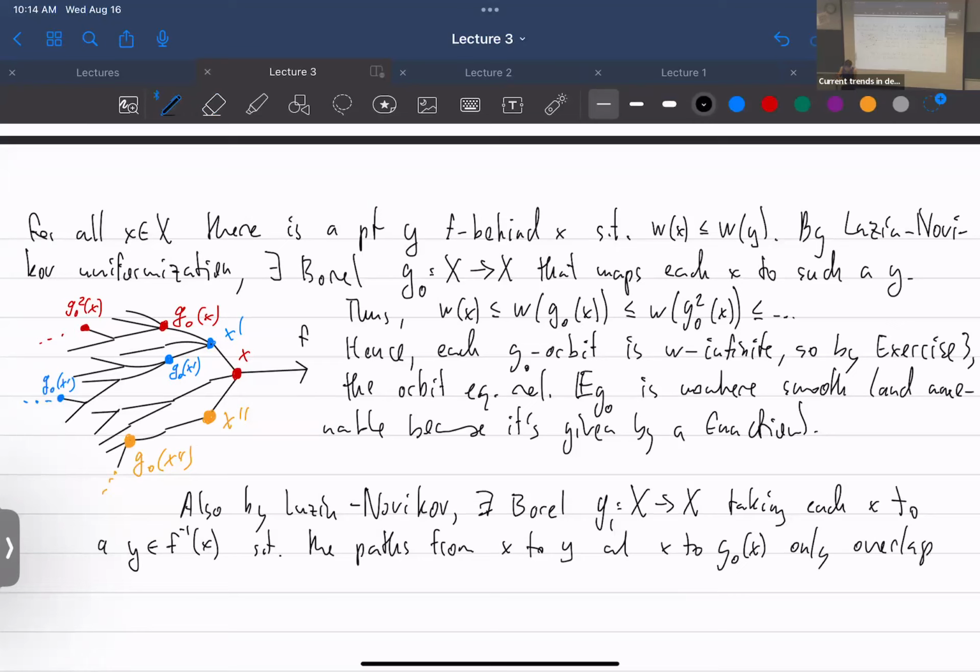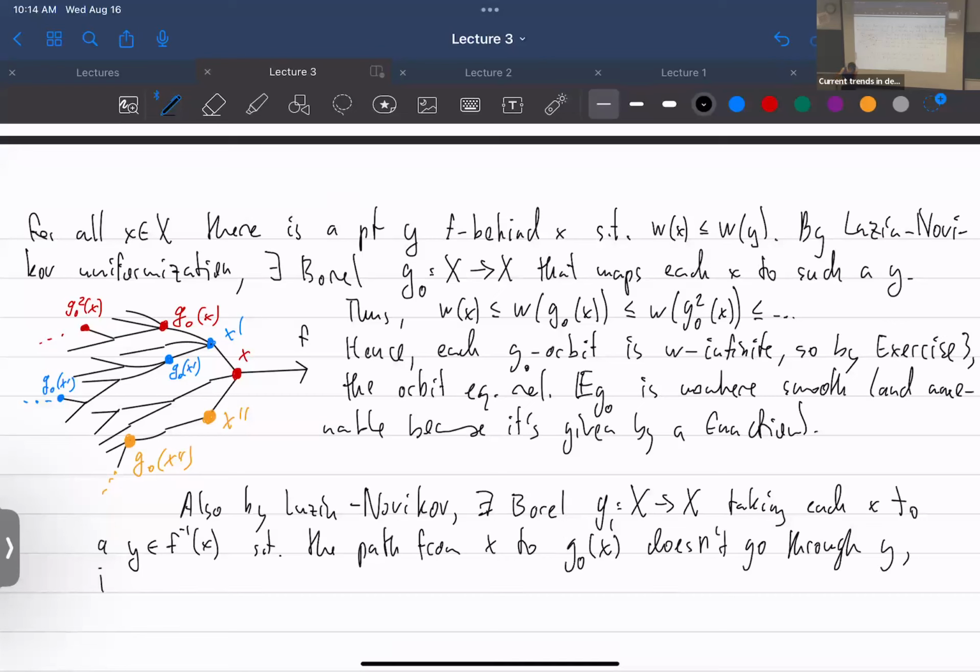Or maybe I say the path from x to G0 of x doesn't go through y, if such a y exists.